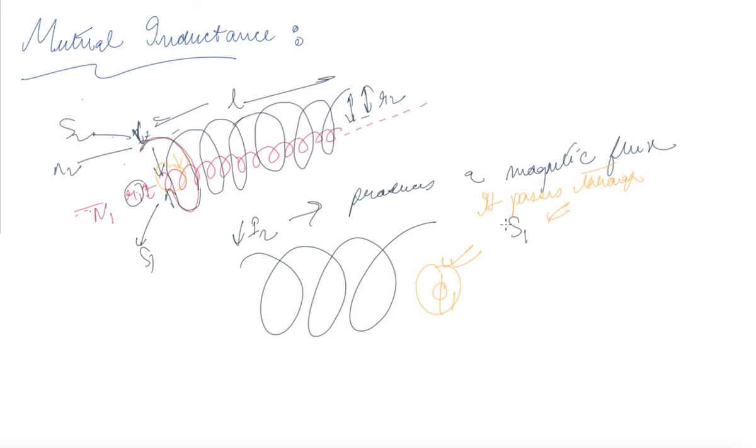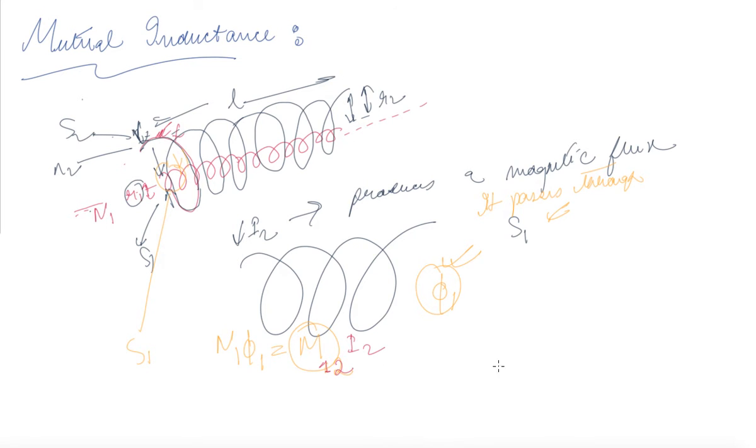Now if I link the corresponding flux with solenoid S1, the total flux linkage, because of the number of turns N1, is N1 phi 1, which is equal to the mutual inductance M of 1 because of 2, into the current I2. This is the current that has been passing over here.